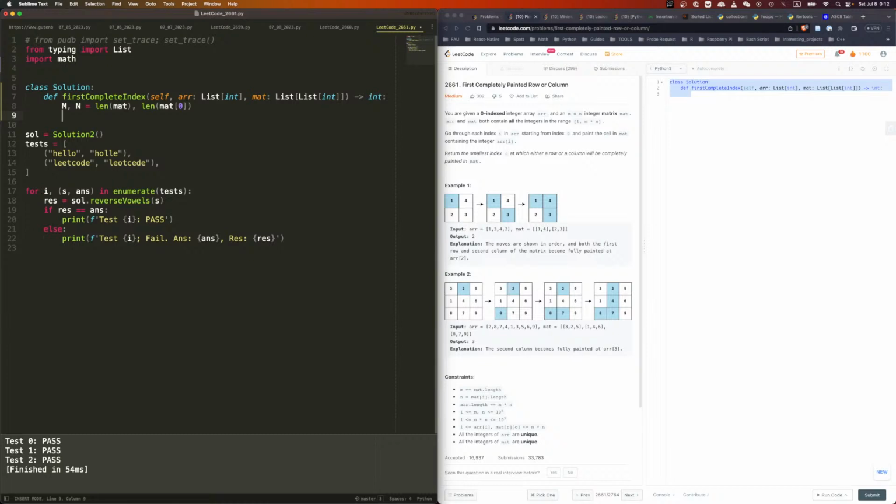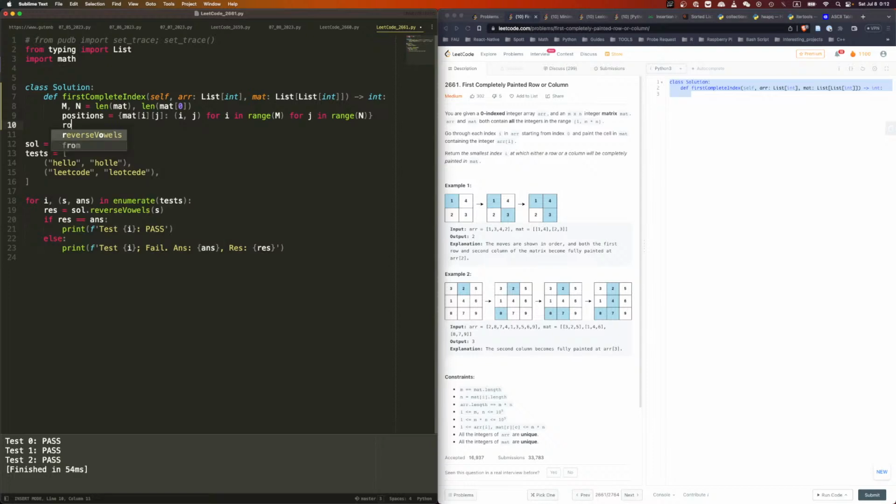So we need to know the positions. It's gonna be, for i in range m, for j in range n, right? It's gonna be a dictionary of mat[i][j] equal to i and j. So something like that, right?